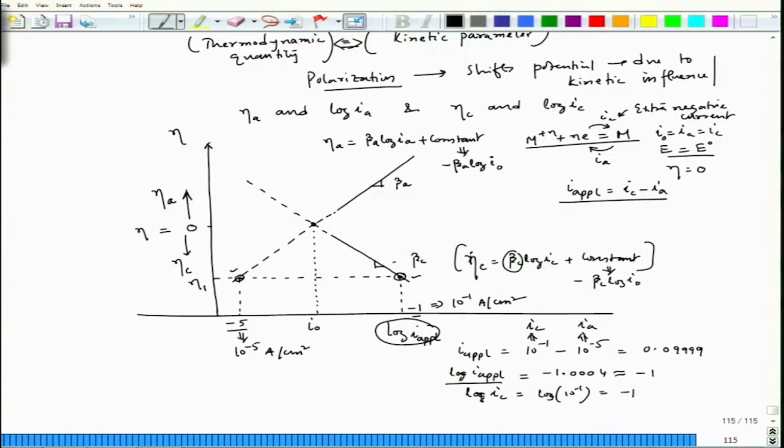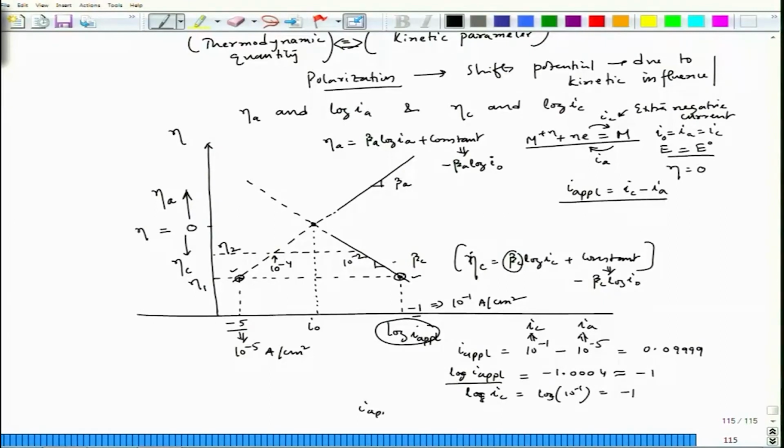Now, if we go for a different level of over voltage, which is let us say eta 2, that time this value is 10 to the power minus 4 and this is 10 to the power minus 2. That time also I could see that they are coming close approximation.